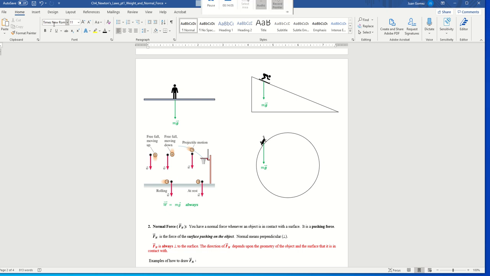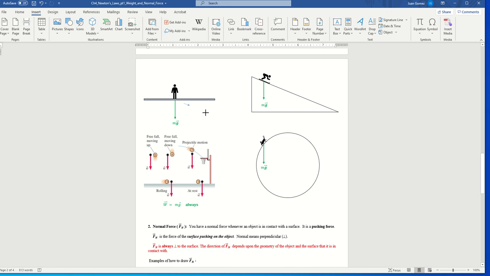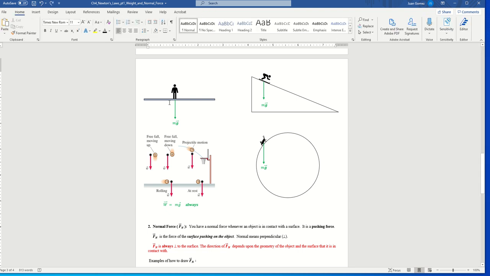I've taken great care when I draw that vector that I'm not drawing it at some random angle. You label it mg, because what is weight? mg. Straight down, negative y direction.